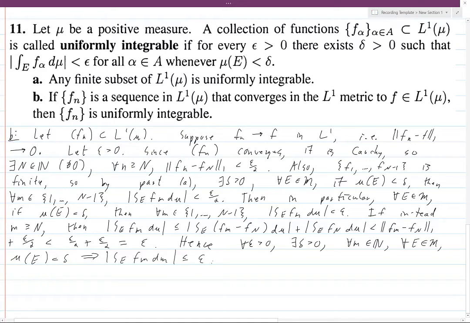And that is exactly what we were trying to prove, because this holding for all m is the same thing as saying it for all f_m in the sequence (f_n). And so we're done.